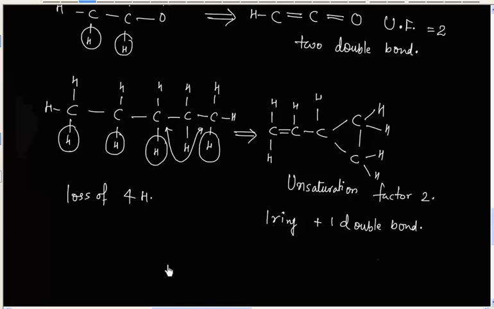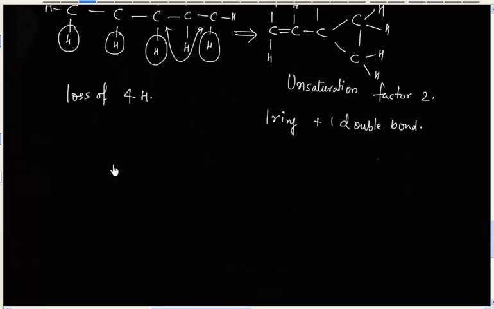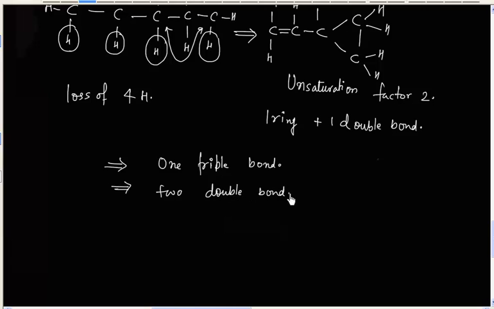So you see, for unsaturation factor 2, we have 3 possibilities. We can have one triple bond. We can have 2 double bonds. Or we can have one ring and a double bond.